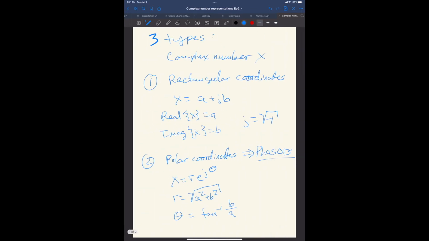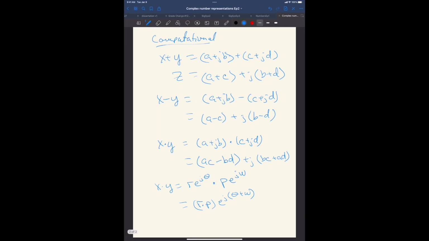It's also true that in polar coordinates and phasor forms, instead of writing it so much that way, we write it as this. And so here you can think about r at theta times p at omega as being r times p at angle theta plus omega.